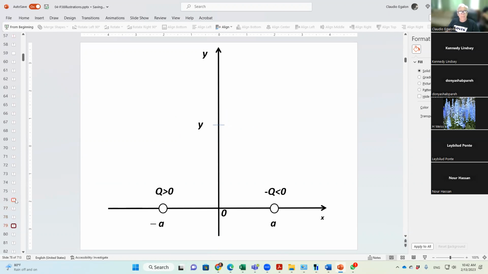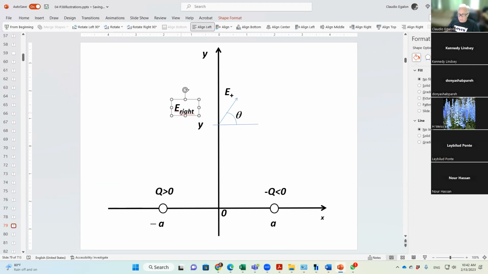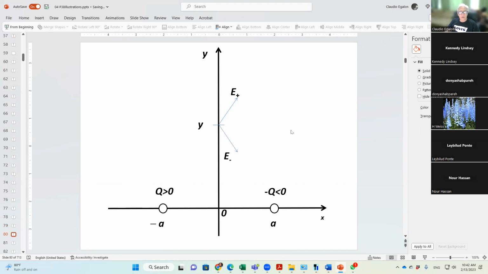The electric field of the positive charge, the charge that's to the left, is going to be in this direction. The electric field of the negative charge is going to be in this direction. Because the distance of this charge to this point is the same as the distance of the other charge to this point, the lengths of those two fields are the same.